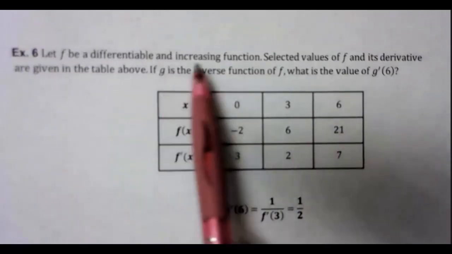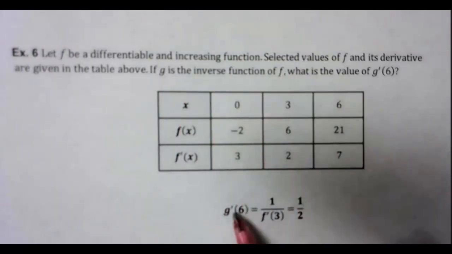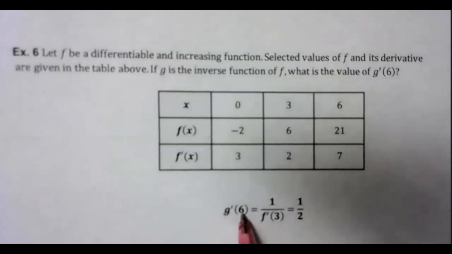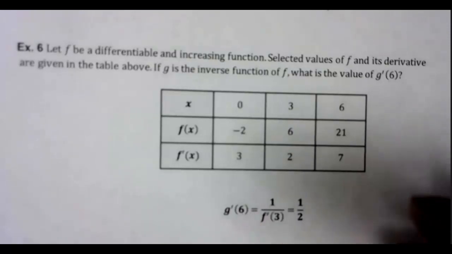Okay, so g and f are inverses, right? So if we're looking for g prime of 6, that 6 represents the y value of f, because they're inverses.